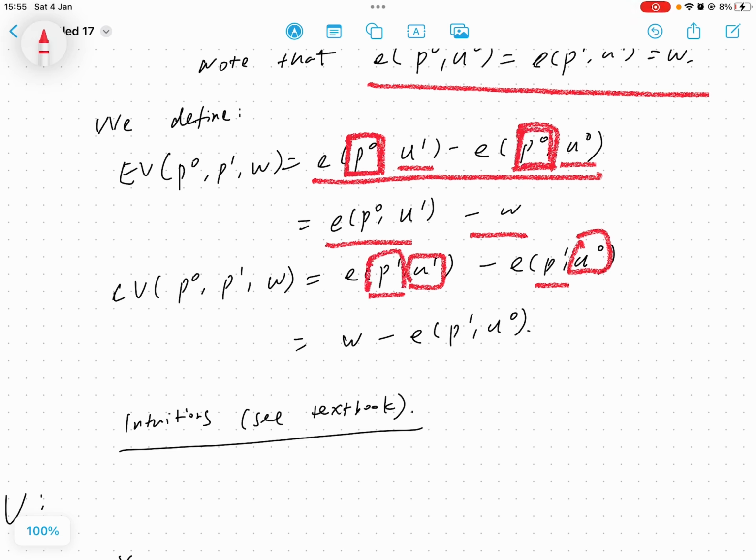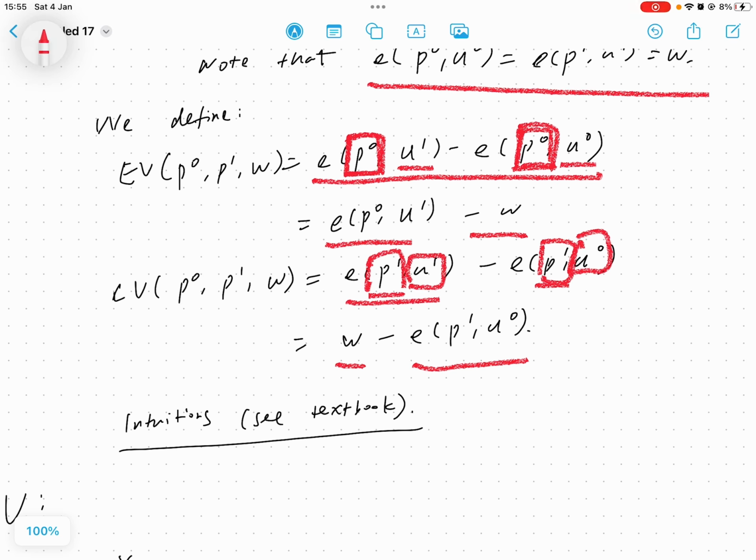This is the only difference between CV and EV. Again, the other term is W. So those are the definitions for EV and CV.